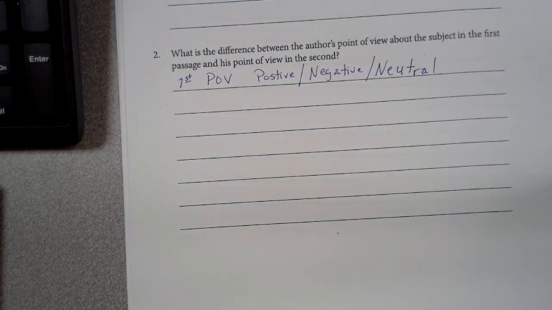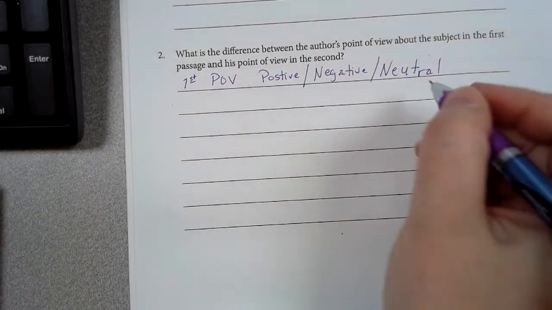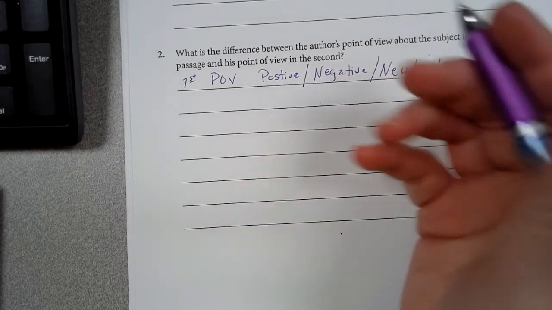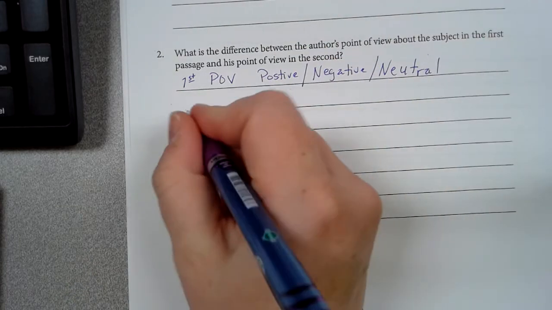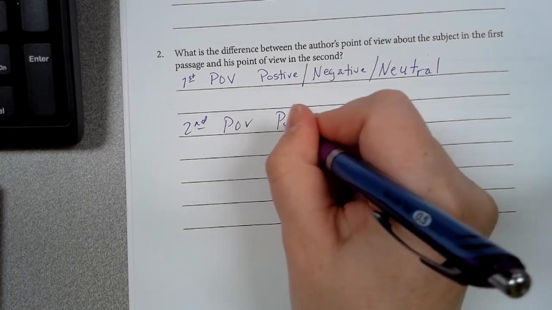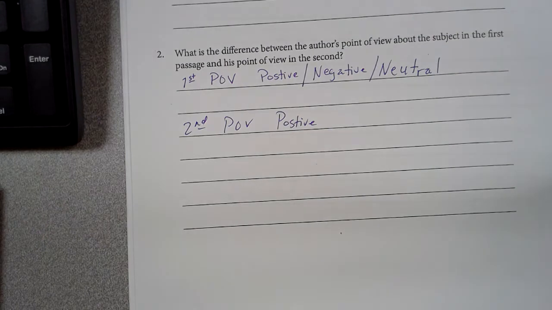Okay. Now, once you figure that out, you're going to say, okay, the first point of view was positive because he compared the Earth to like the beauty of the Earth. And then the second point of view, was it positive? I think I misspelled positive.